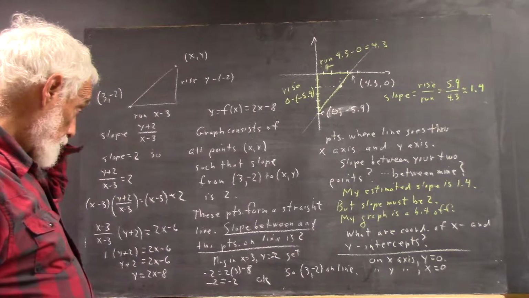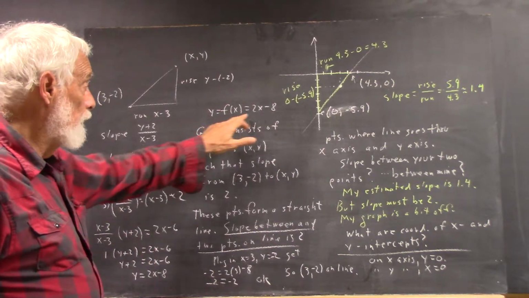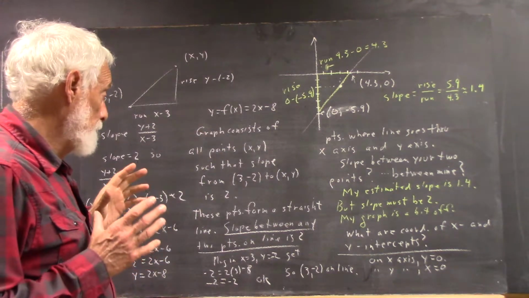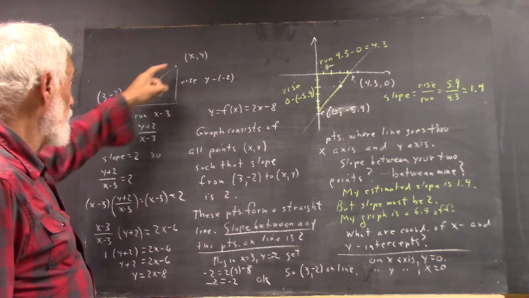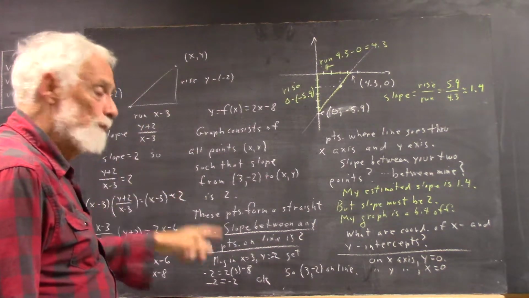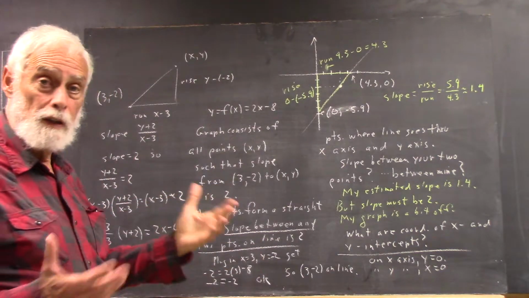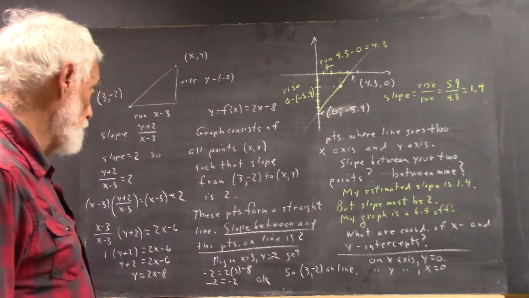So this function has a graph that describes all points that lie at slope 2 from the point (3, -2). The slope between any two points on that line is 2. Therefore, the line is a straight line.